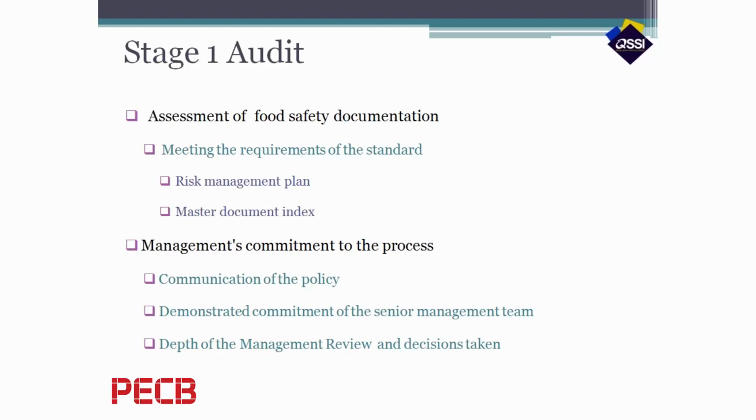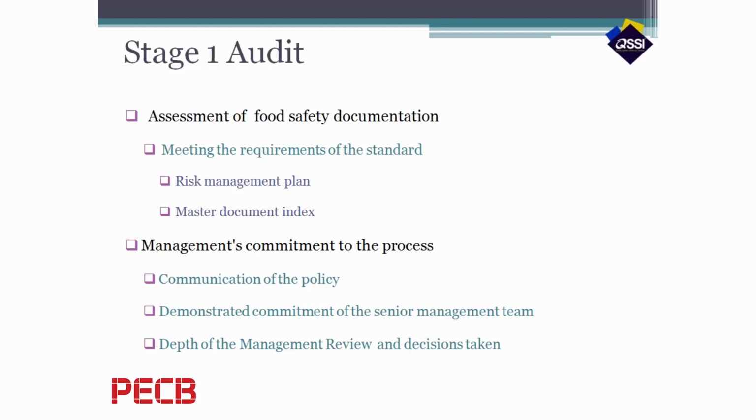Usually there's a stage 1 and a stage 2 audit. In the stage 1 audit, they usually look more from a horizontal perspective, just to see how well the food safety management system has been established. So they look at the food safety documentation, your HACCP plans, your master document index, for instance, to see whether or not you have established the relevant documentation or procedures.